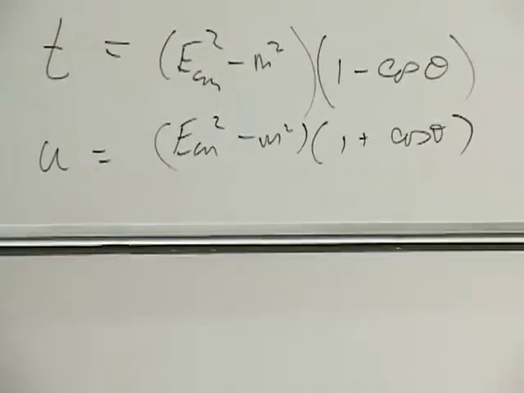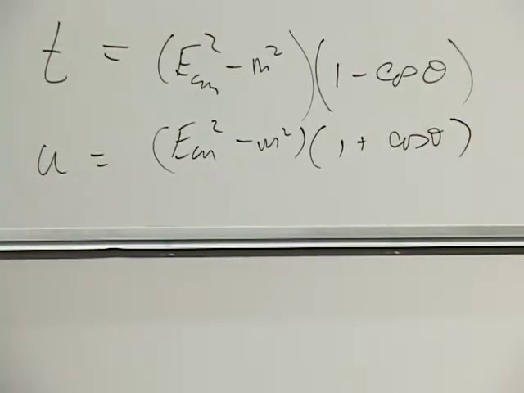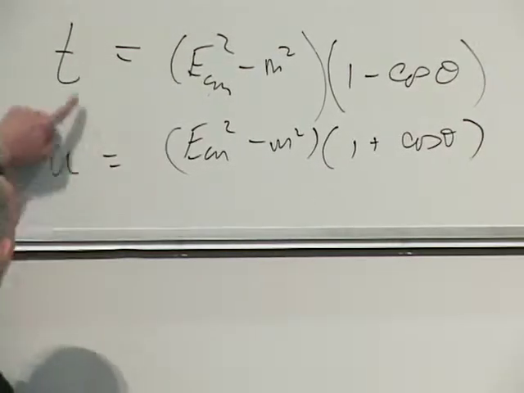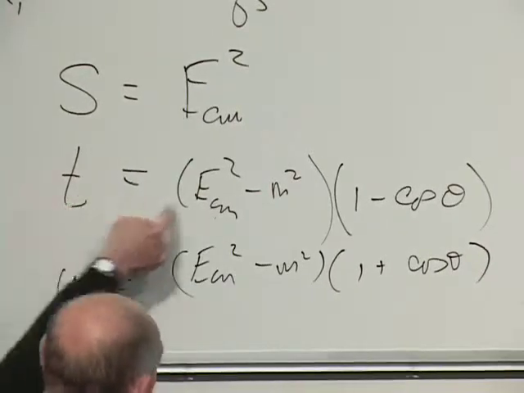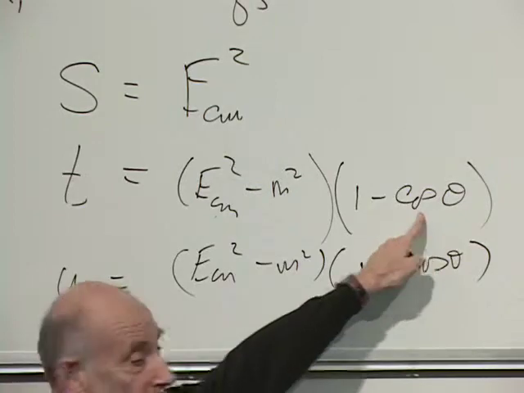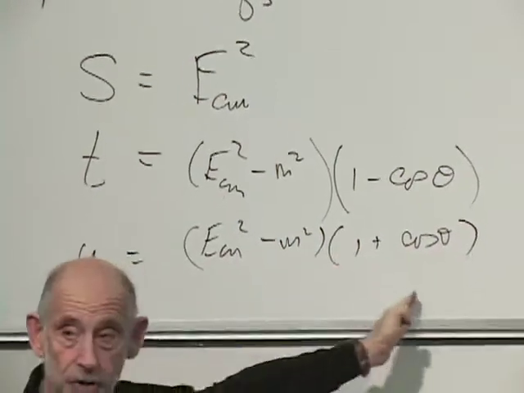So they're clearly related. If you know S, you know the energy. Therefore, if you also know T, you know the angle of scattering. And this is just a function of the energy and the angle of scattering. So they're all connected with each other.